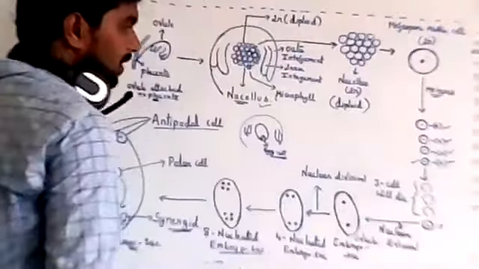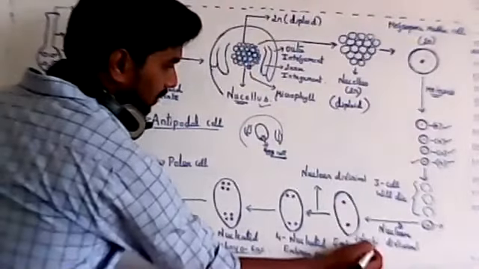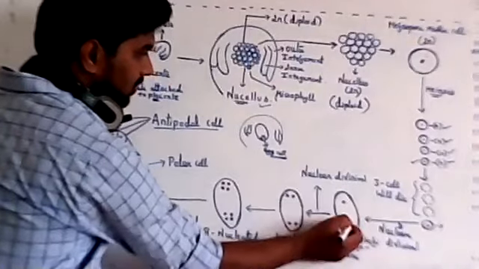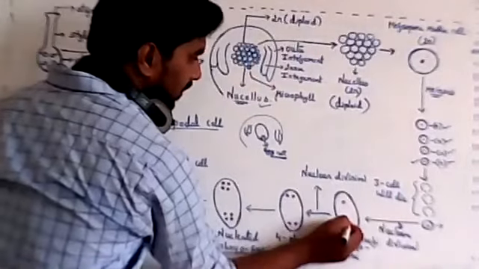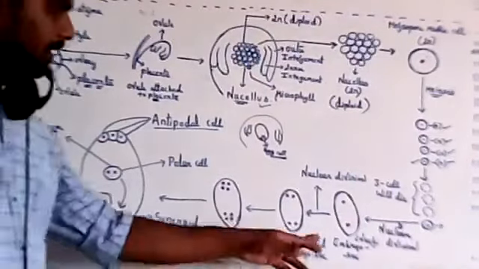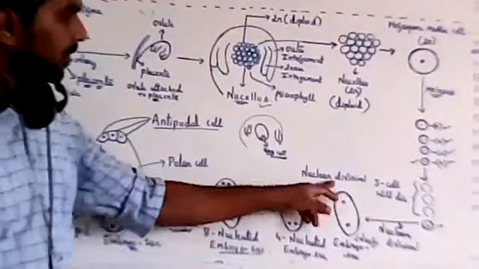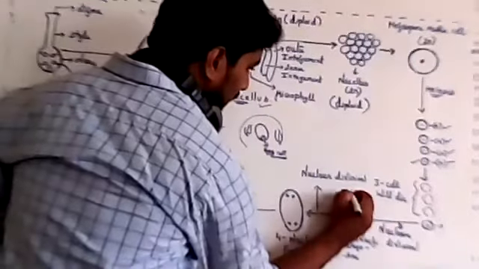What will that haploid cell do? It will undergo nuclear division. When nuclear division takes place inside the cytoplasm, one nucleus will divide into 2 nuclei. So this sac-like structure forms, and from here it is known as the embryo sac.